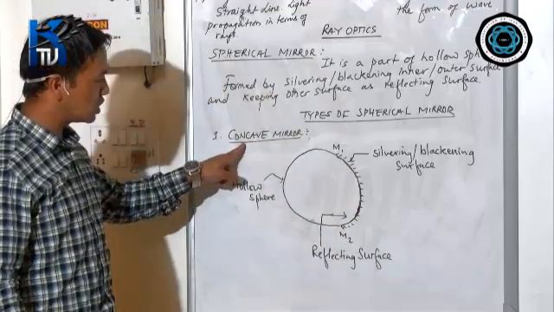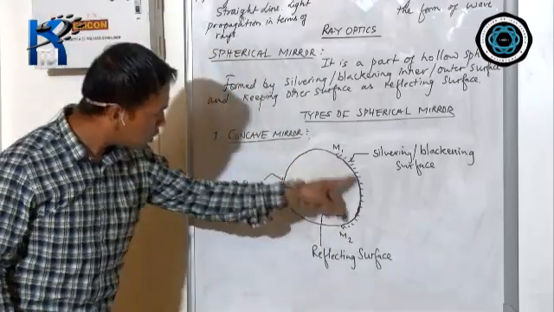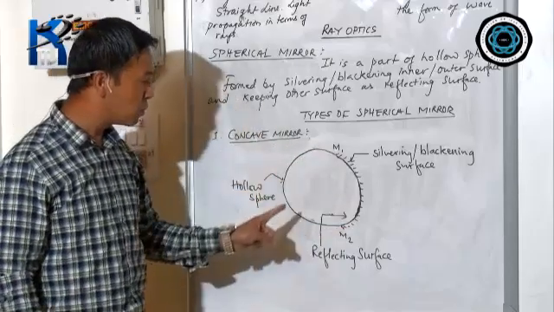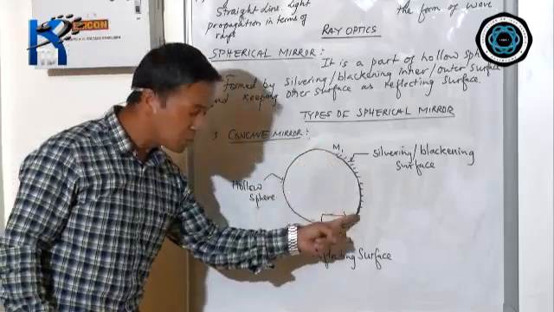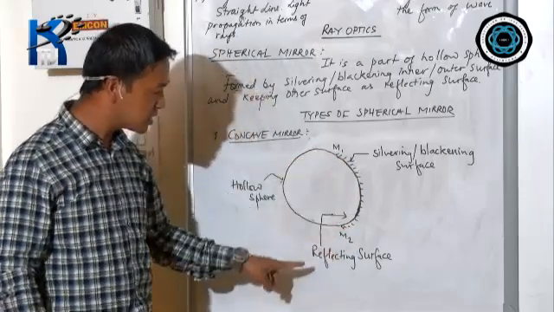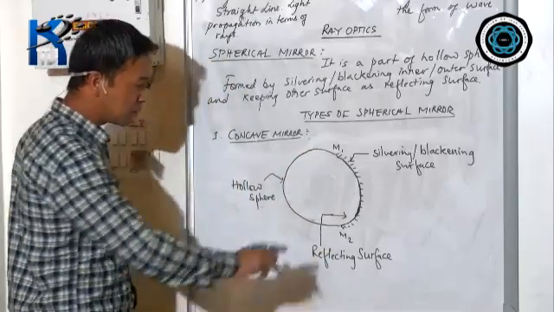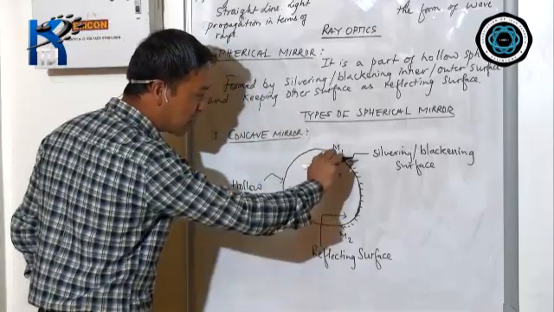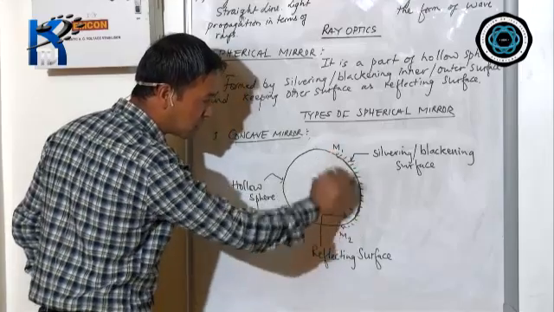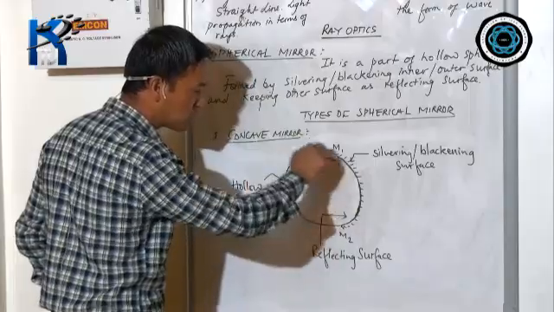Concave mirror. So the simple statement for the concave mirror is that it is a part of the hollow sphere formed by silvering the outer surface, and keeping the inner surface as a reflecting surface. So this forms the concave mirror. That's why I've given the name M1 to M2. This particular part I'm taking as a concave mirror, which is nothing but a part of the hollow sphere.